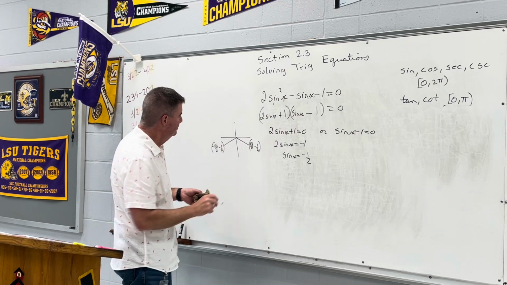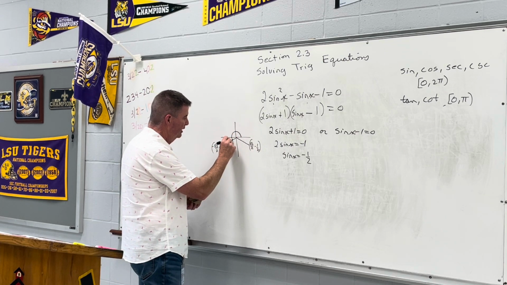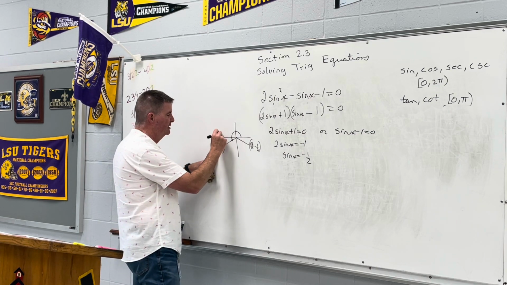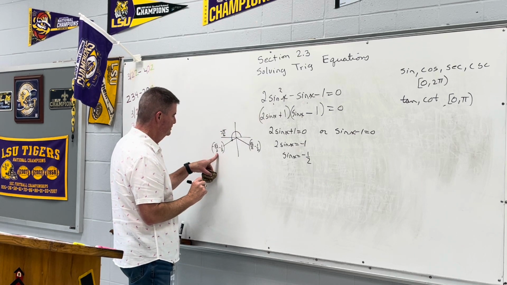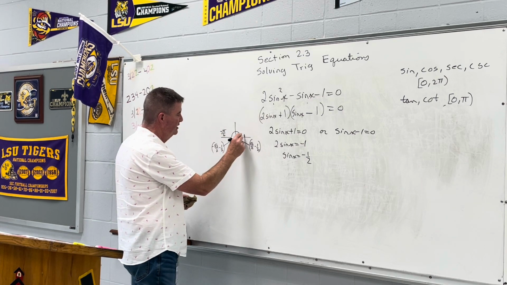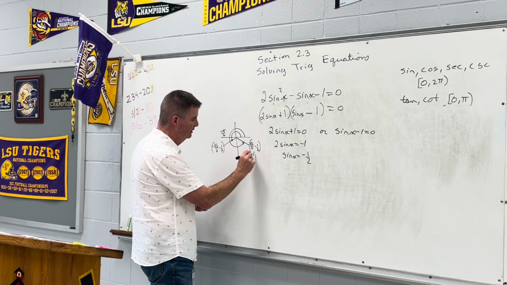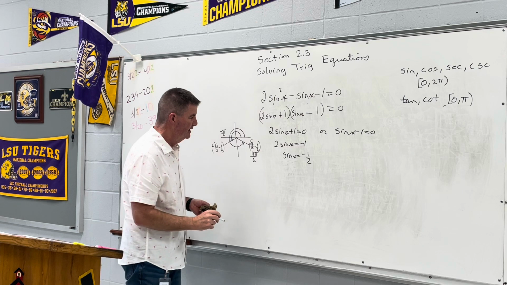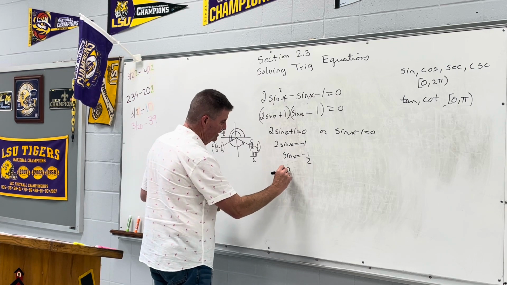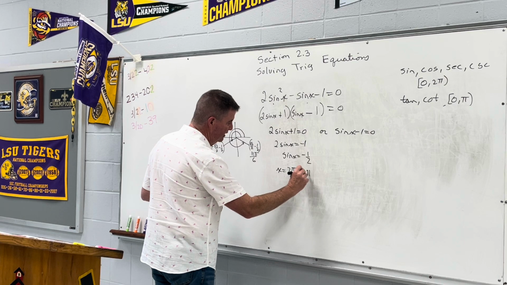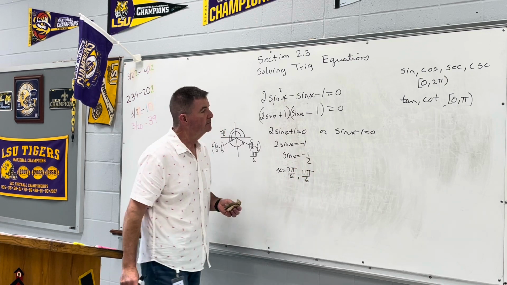These two angles are going to be what? All the way around, where my x is the large one, so that's 7 pi over 6. Yes. And then from here, all the way around into the fourth quadrant, that becomes 11 pi over 6. So x equals 7 pi over 6, and x equals 11 pi over 6.